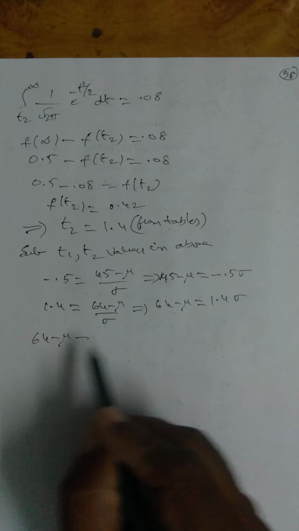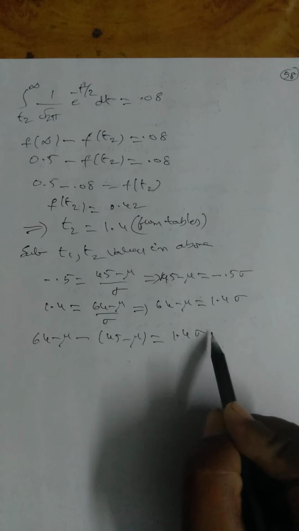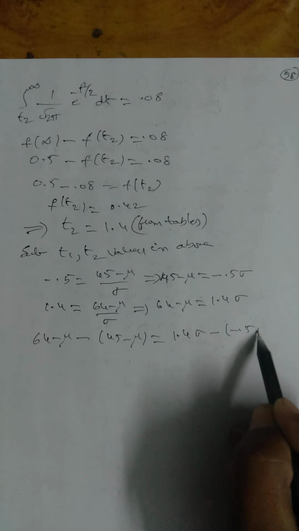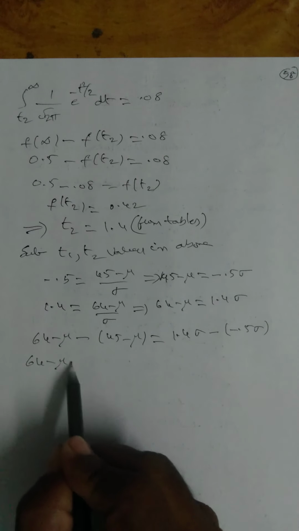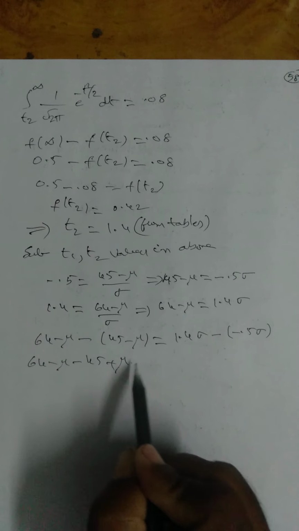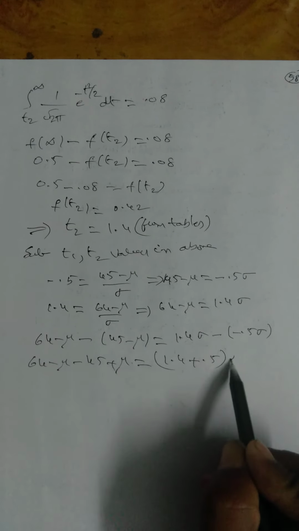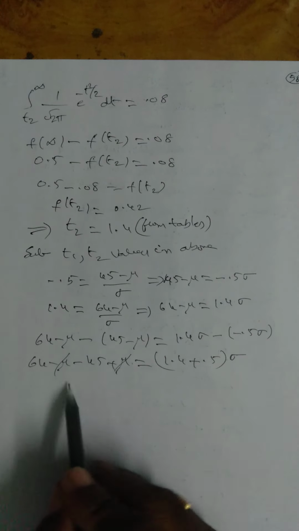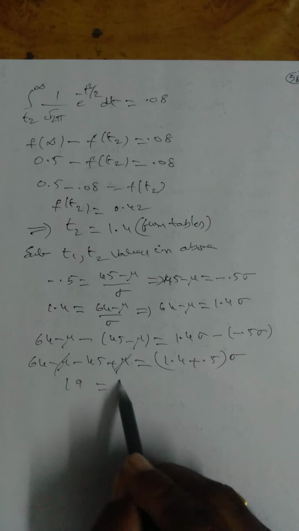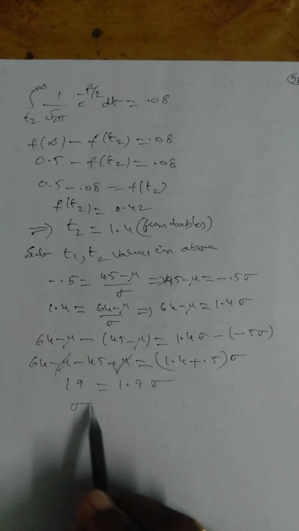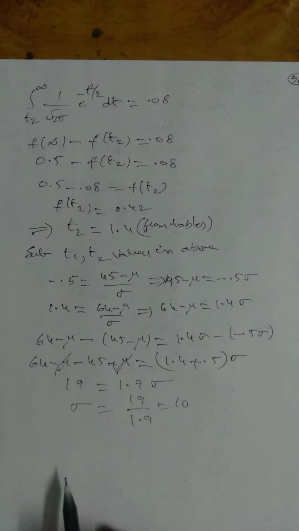Subtracting, 64 minus mu minus 45 plus mu is equal to 1.4 minus minus 0.5, times sigma. Mu cancels. 19 is equal to 1.9 sigma. Sigma is equal to 19 by 1.9, which is 10.